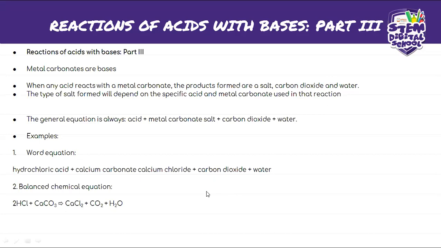So the general equation for metal carbonates reacting will be an acid plus the carbonate will give you calcium chloride, the salt, carbon dioxide, and water. So we have got a balanced equation for metal carbonate reacting. Yeah, perfect. So it will be like this.